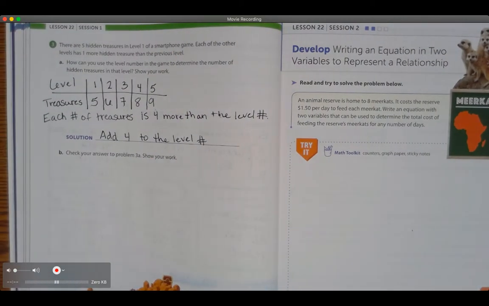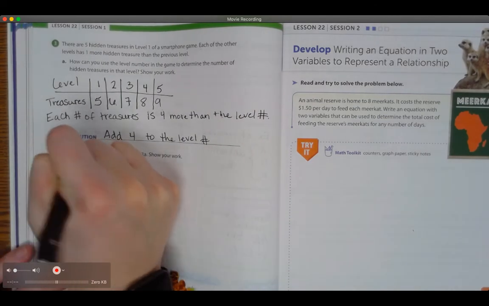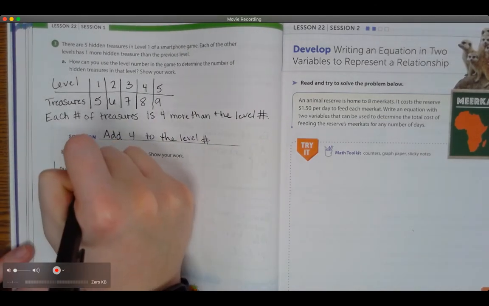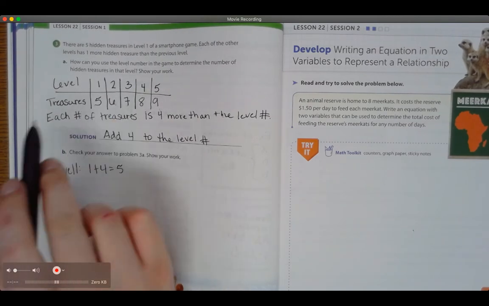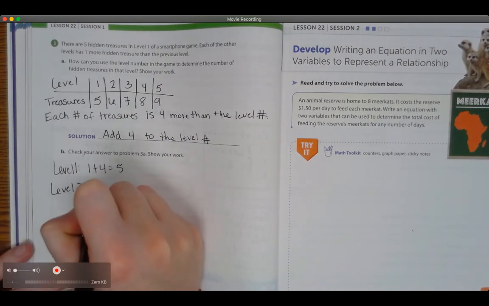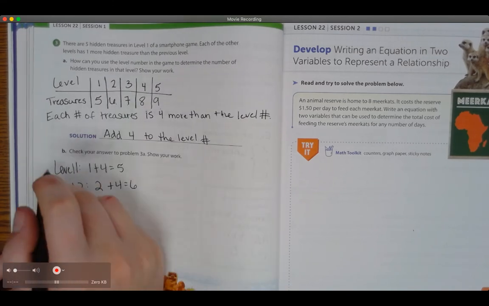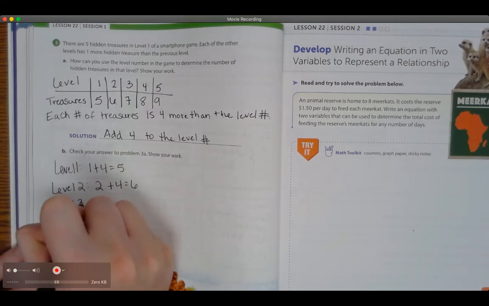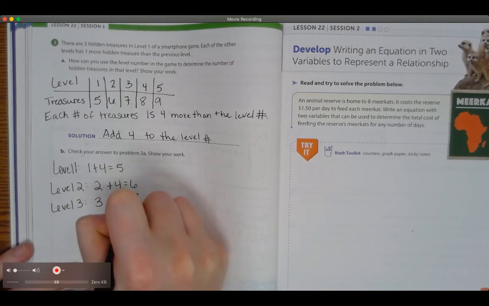So check your answer to problem 3A. So we could say level 1, 1 plus 4 equals 5. All we're doing is just writing down what we wrote before. So level 2, 2 plus 4 equals 6. Yep, that's true. Level 3, 3 plus 4 equals 7.